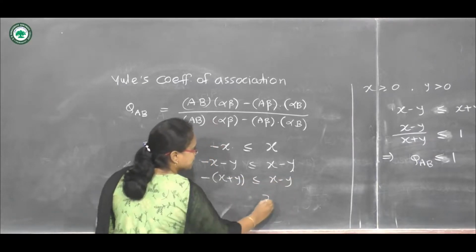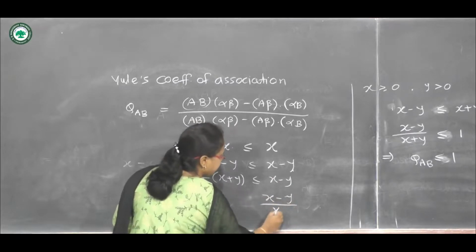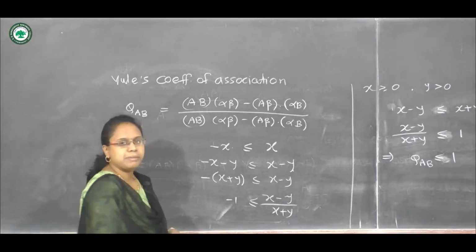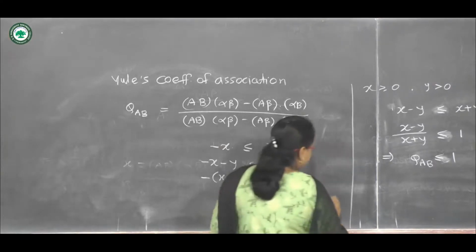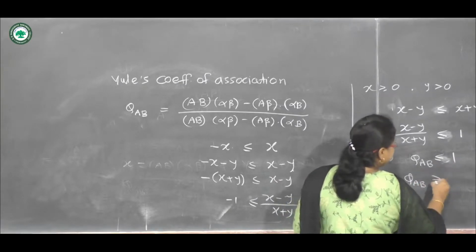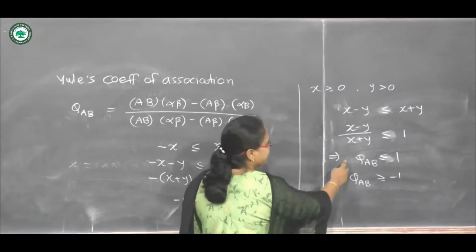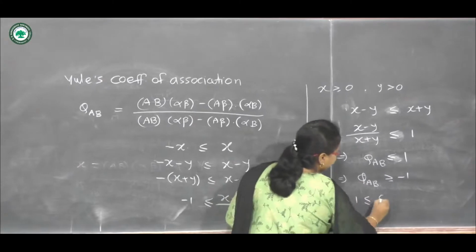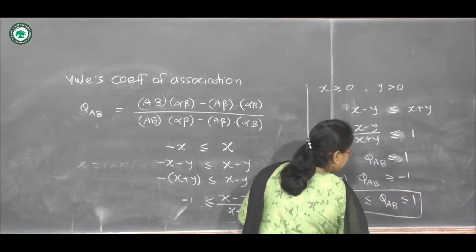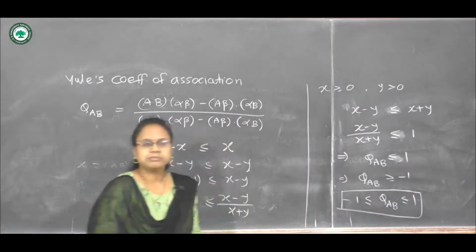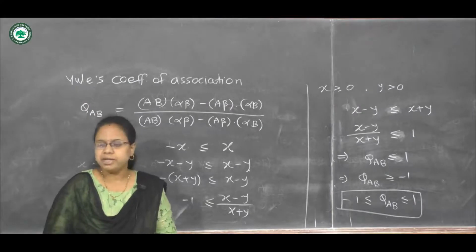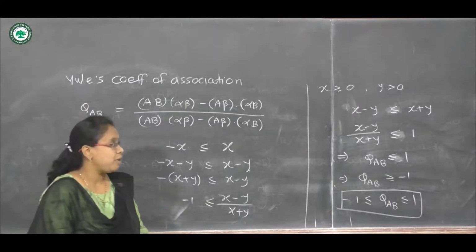This implies that (x minus y) upon (x plus y) will be greater than or equal to -1, so Q_AB is greater than or equal to -1, and from these two we can write that Q_AB will always lie between -1 and 1. So this is Yule's coefficient of association.